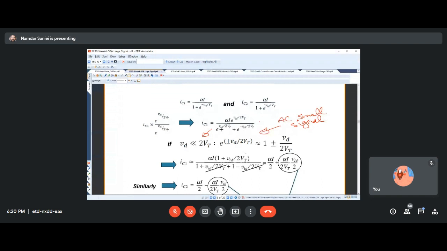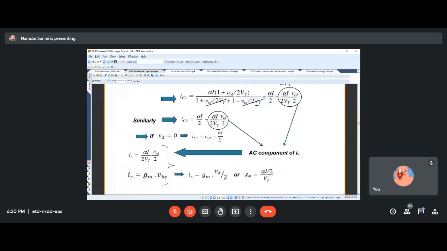And that's when we realized that we better keep the input much less than 2 VT. 2 VT is 2 times 25 millivolts, right? And then we could linearize the circuit, and the exponential terms that we had in expressing the IC.